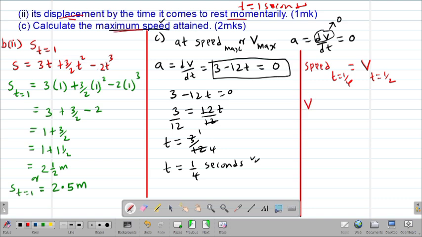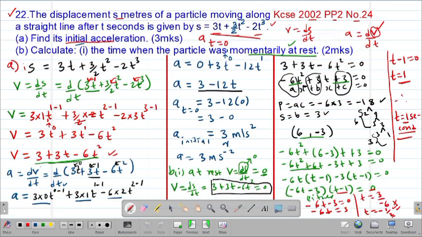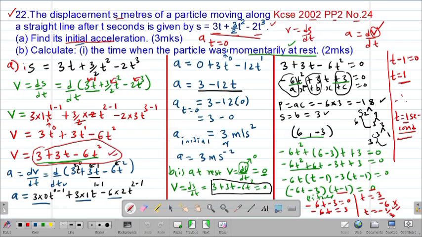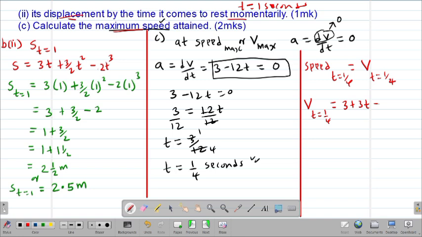Our equation for v was 3 plus 3t minus 6t squared.